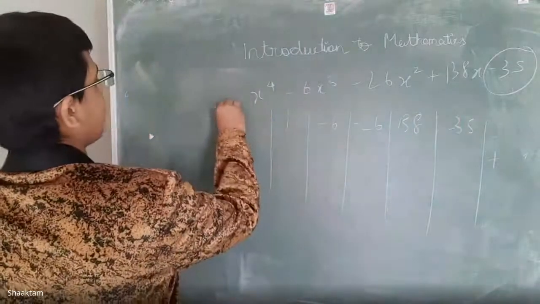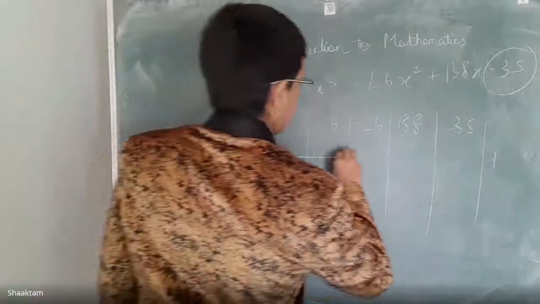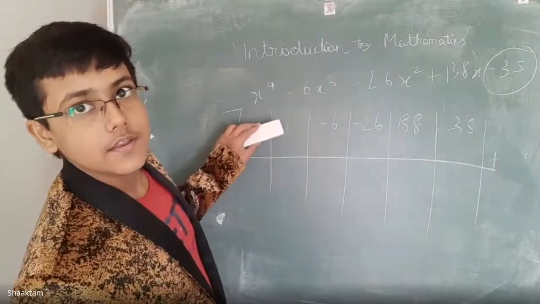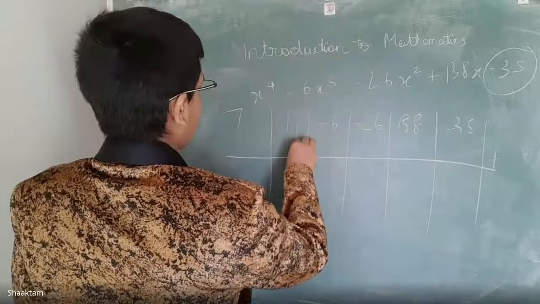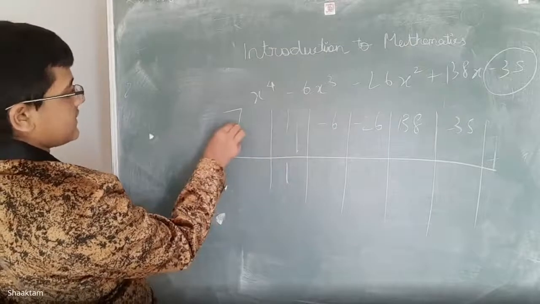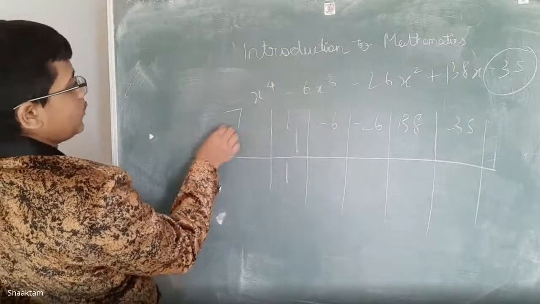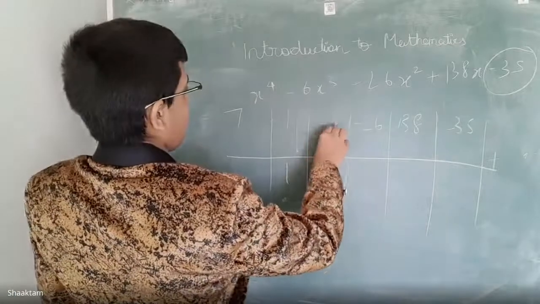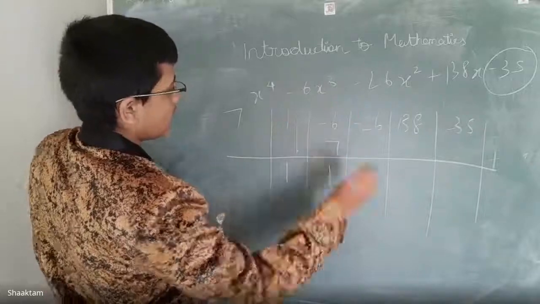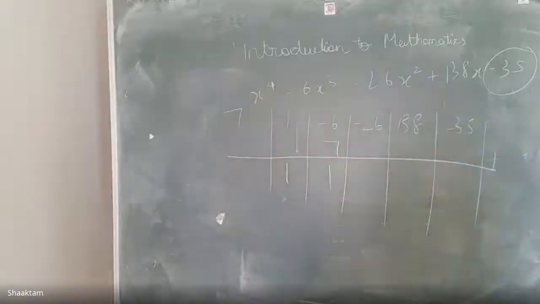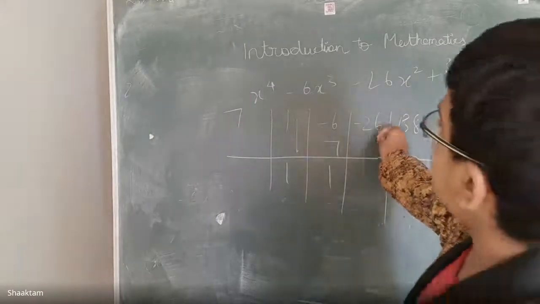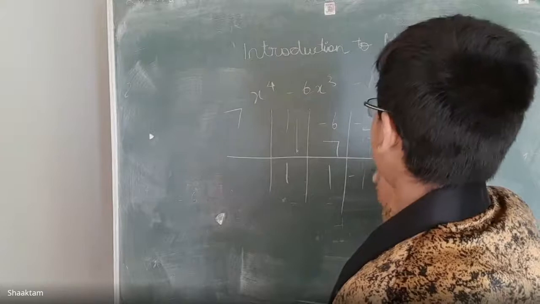Now let me put a 7 over here. The first number, which is 1, we'll bring it down. Now we multiply 1 with 7 and get 7. I'll put it here and add 7 and minus 6 to get 1 again. Then when I multiply 1 with 7 again, I'll get 7. 7 plus minus 26 will get me minus 19.